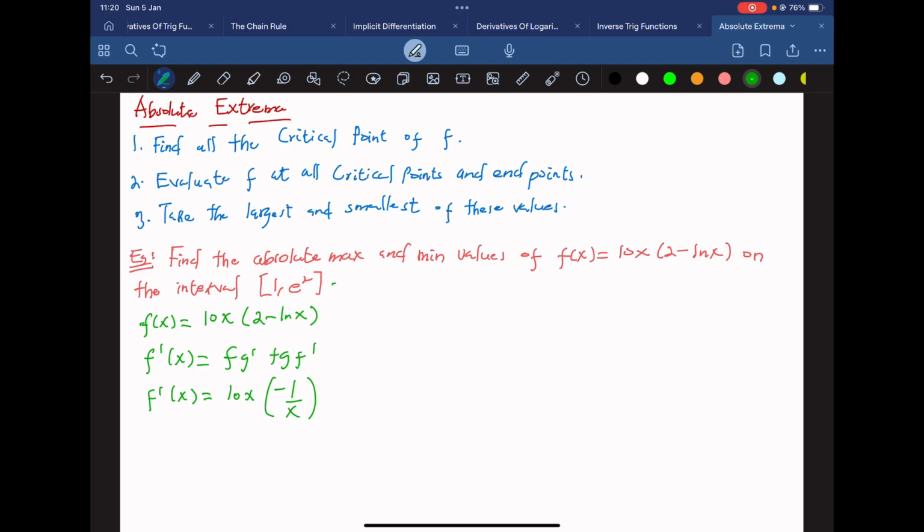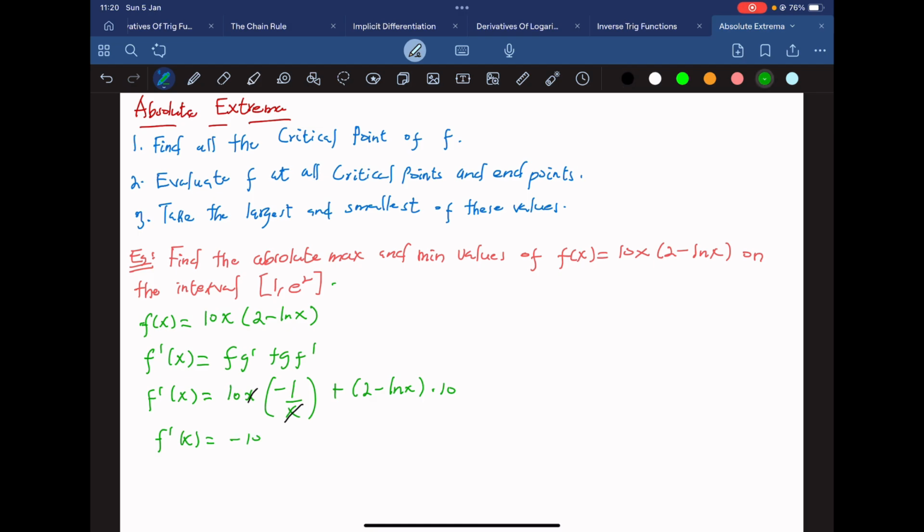Plus our g, which is all of this, 2 minus ln of x, multiplying our f prime, and if we differentiate 10x, we have just 10. So for f prime of x, the x cancels, so we have negative 10 here.